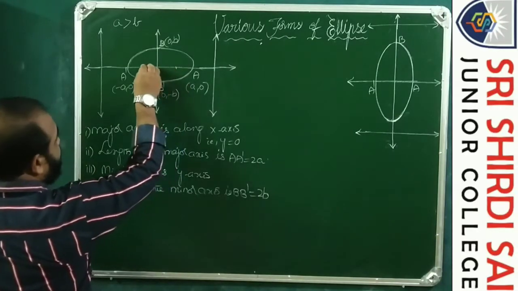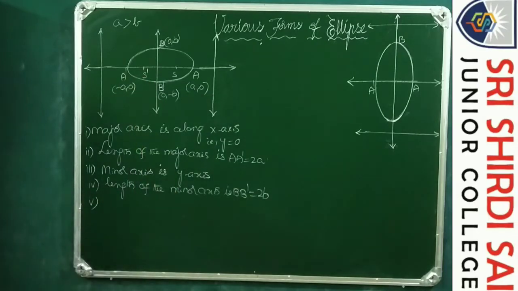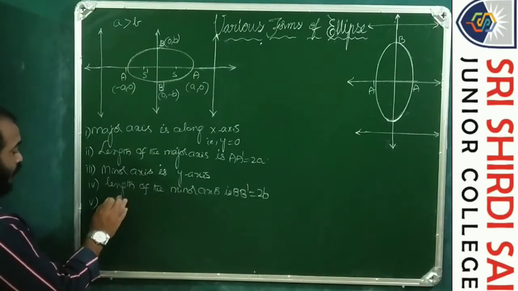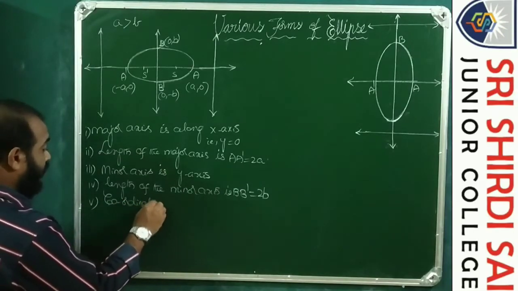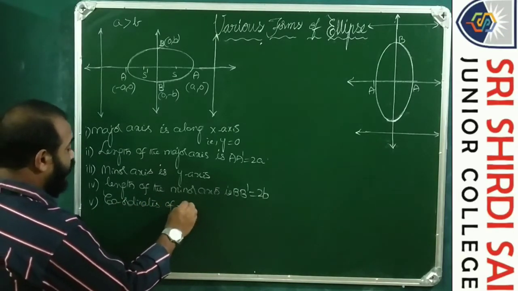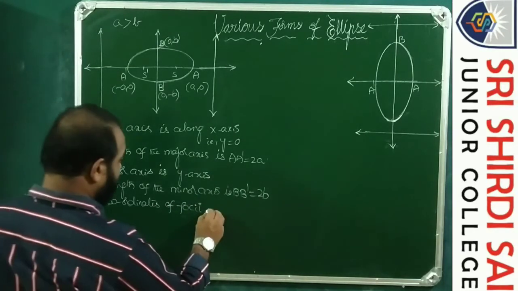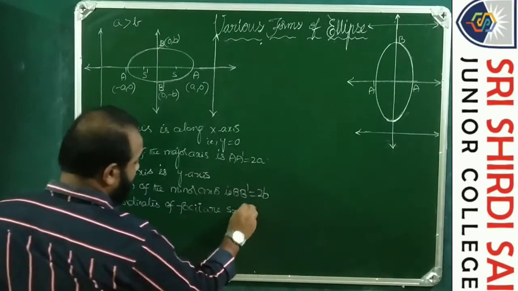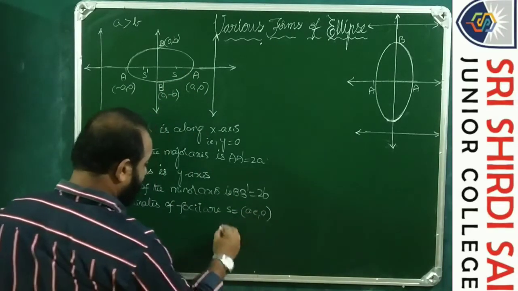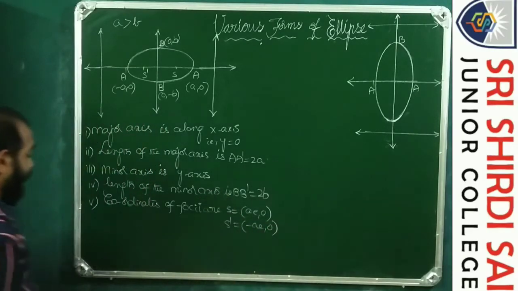So what are these S and S dash? S and S dash are the foci. So the coordinates of the foci are S: AE comma 0 and S dash: minus AE comma 0.